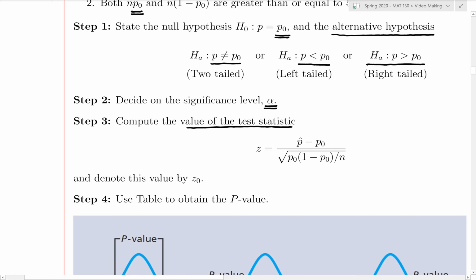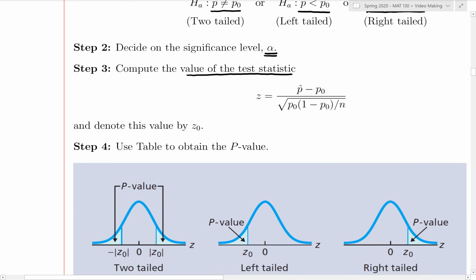We are assuming that the null hypothesis is true, which means when we start our hypothesis testing, we're working under the assumption that our population proportion is equal to P naught. So that means when we're computing the standard error, we are going to use the hypothesized value for our population proportion and not the sample proportion.